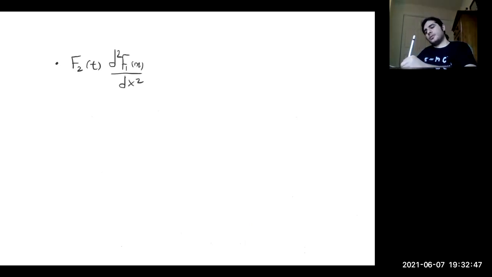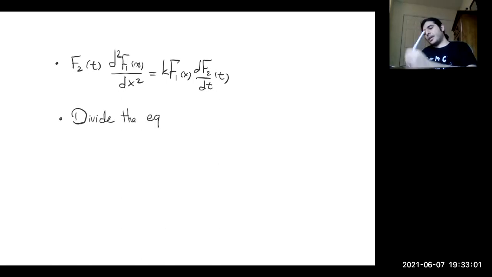Here we have f2(t) times the second derivative of f1(x) with respect to x squared equals k f1(x) df2/dt. If I divide the equation by f1(x) f2(t), we would get this.